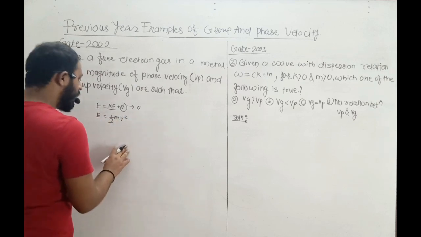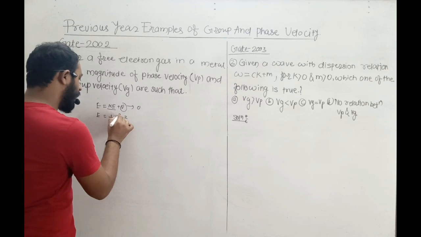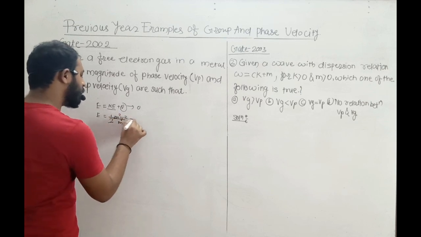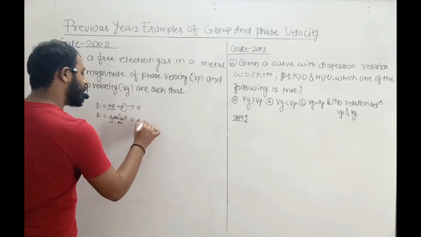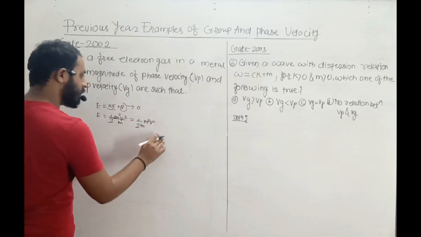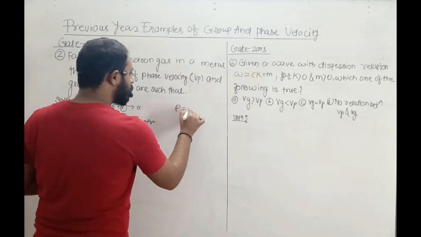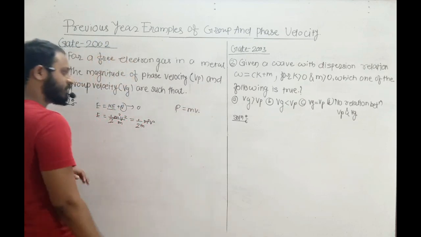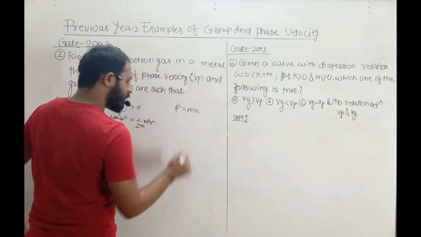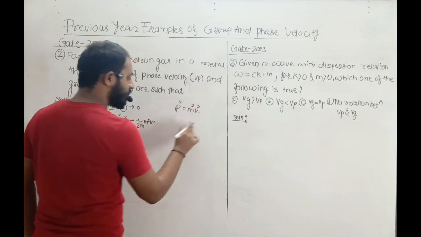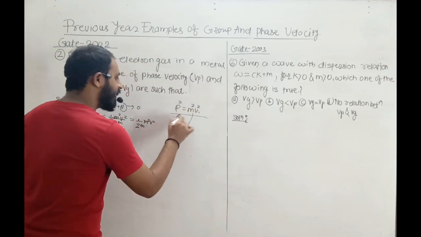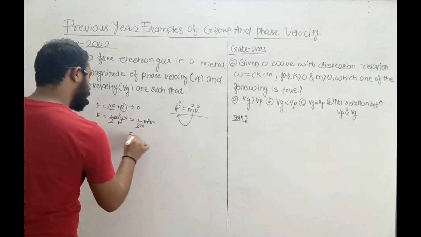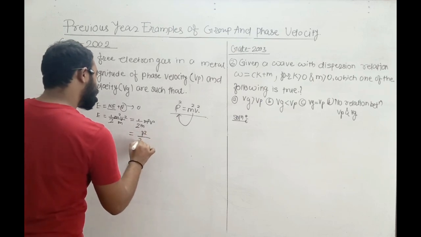That is 1 by 2m into m square v square. But now p equals m into v. Momentum is the product of mass and velocity. Therefore p square is m square v square. Now, in place of m square v square, I can write p square. Therefore, E equals p square by 2m.